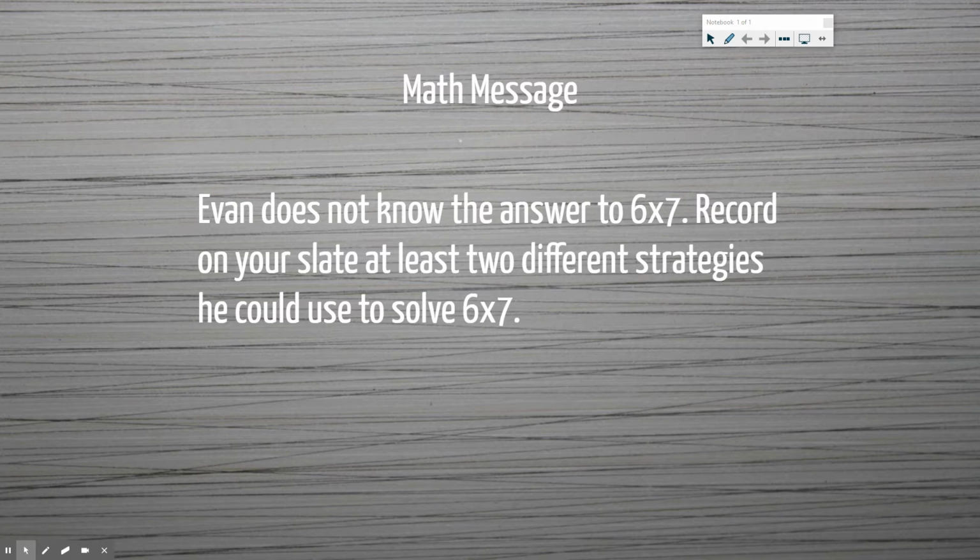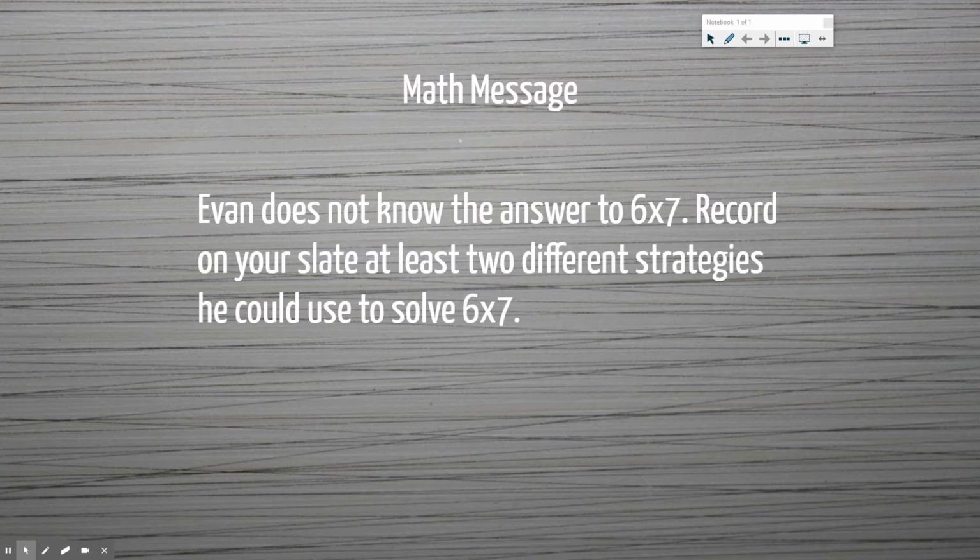So there are so many different ways that we could solve this problem. We have making equal groups, drawing a picture showing equal groups. We could skip count by 6s. We could add 6 7 times.